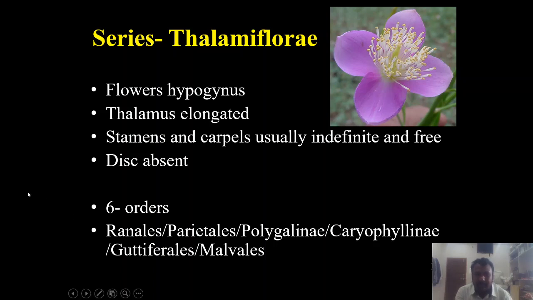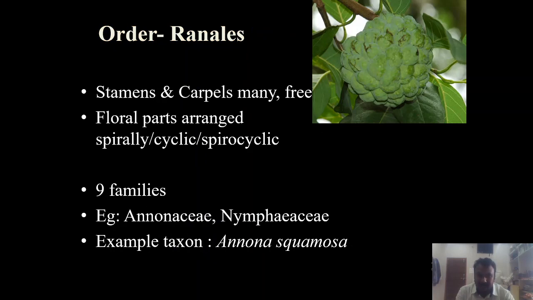Here the flowers are hypogynous, thalamus elongated. Stamens and carpels are usually indefinite in number and also free. Here the disc is absent. Under this series there are 6 orders: Ranales, Parietales, Polygalinae, Caryophyllinae, Guttiferales and Malvales. Which means the series Thalamiflorae starts with Ranales and ends with Malvales.